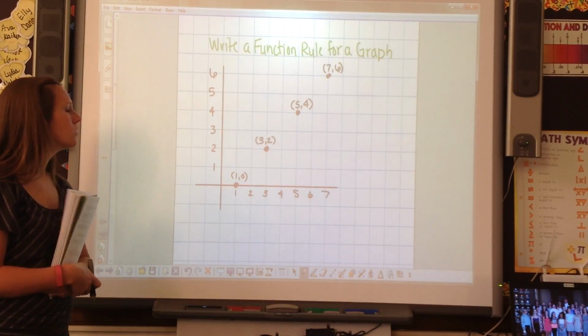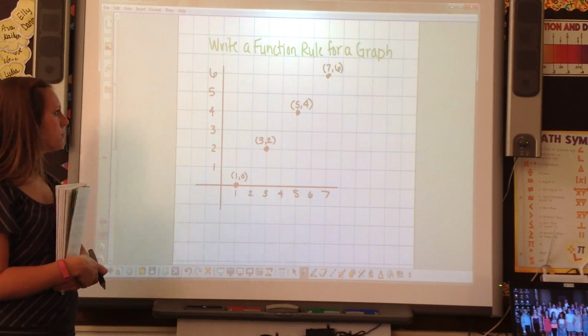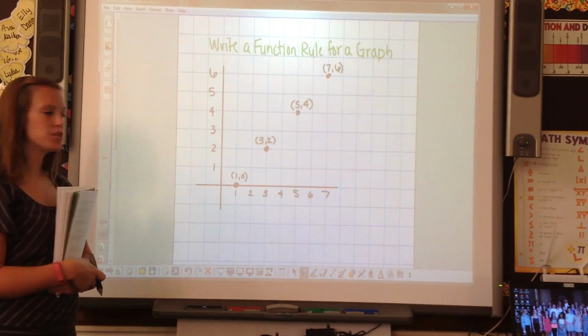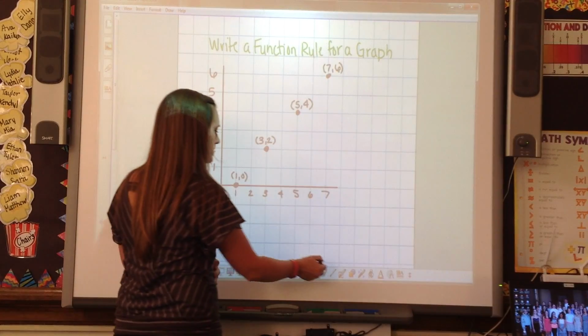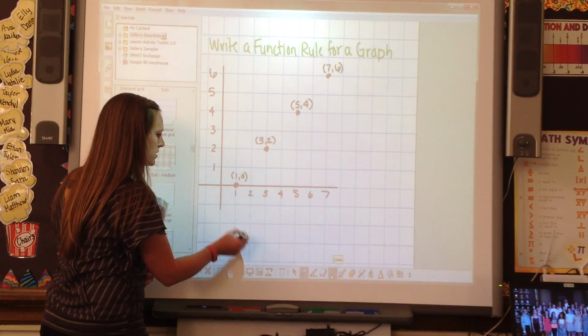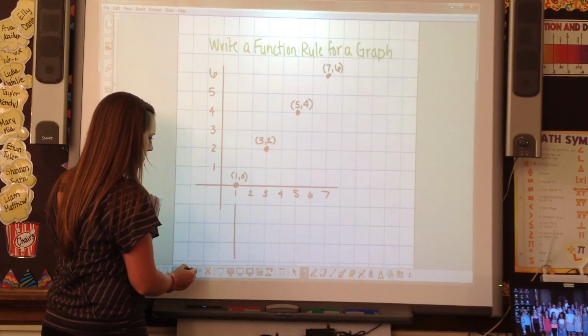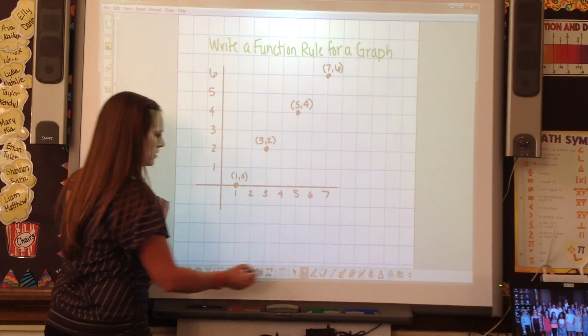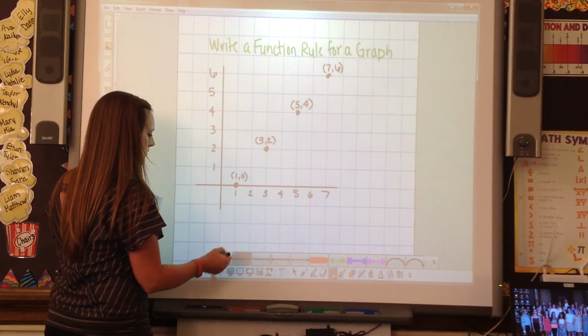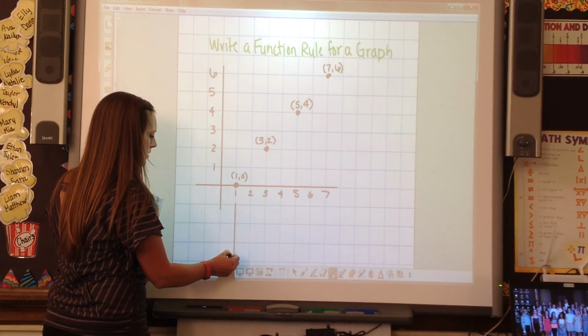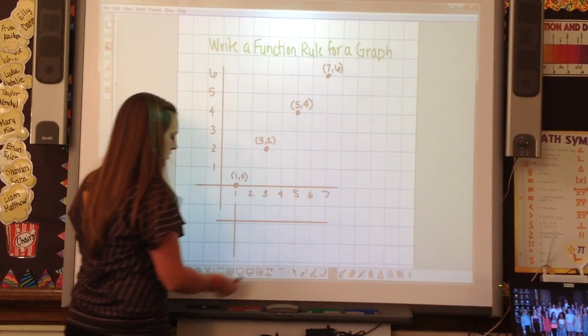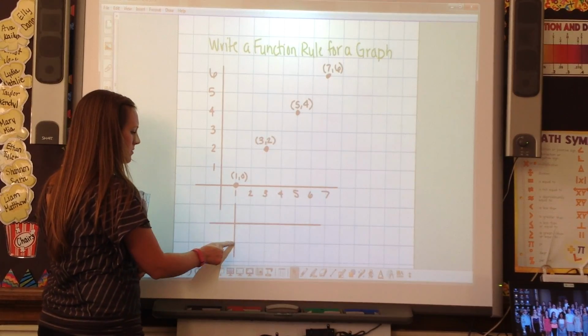Okay. So what I'm going to do is create a function table again to keep my thoughts organized. Maybe I'm going to use a horizontal one this time. Okay. So here's my function table.